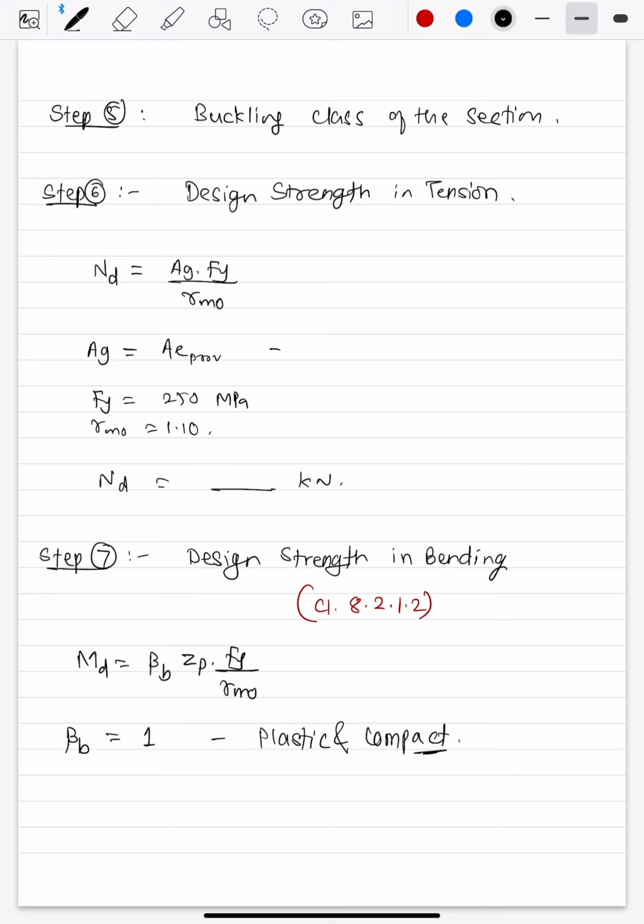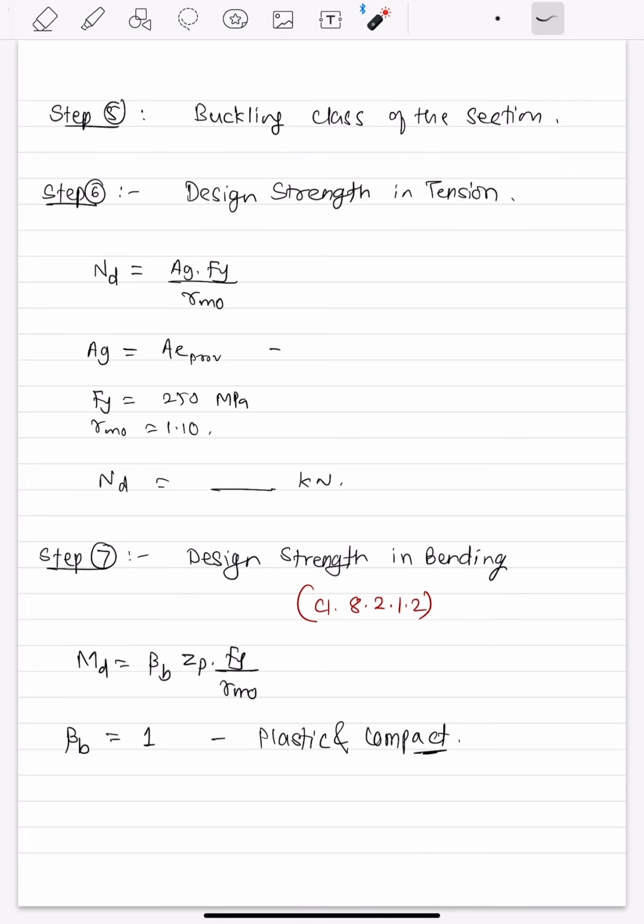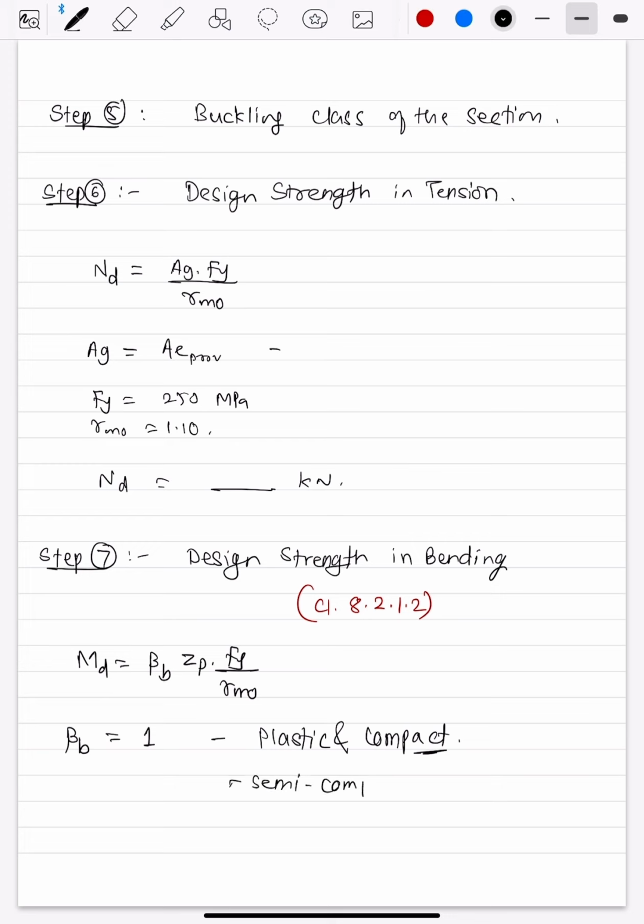In step 5 we have checked the buckling class of the section, and if it is semi-compact, then you write beta b as Ze upon Zp.